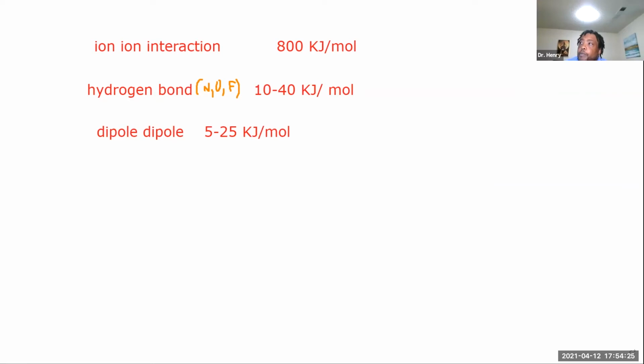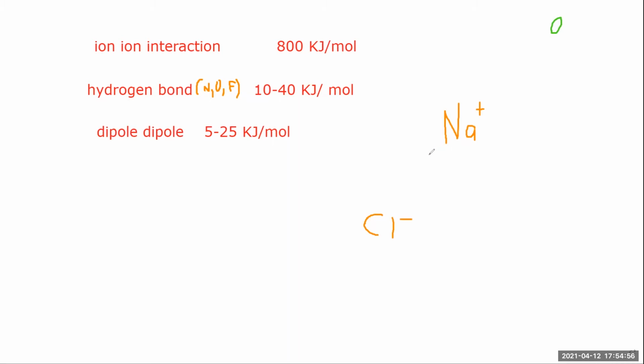Okay, so when we put salt in water, what happens? The water pulls apart the atoms in the salt. Okay, so we have the ion, the sodium, and we have the chloride. So how do they pull them apart? The sodium is attracted to the partial negative on oxygen, and the chloride is attracted to the partial positive on hydrogen.